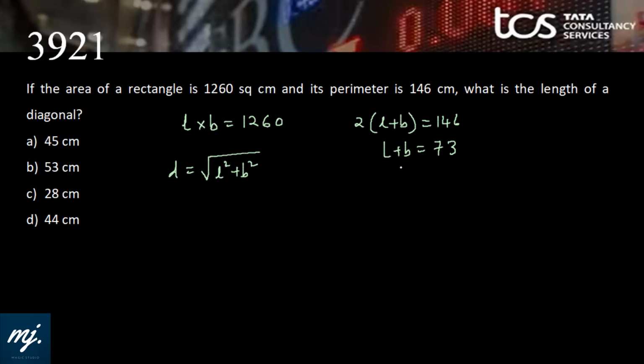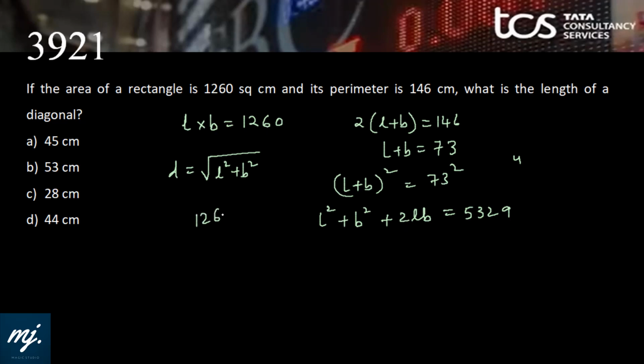So let me square this up. (L + B)² is 73². Now L² + B² + 2LB is 73², that is 5329. Now L into B is 1260, so 1260 into 2 is 2520.